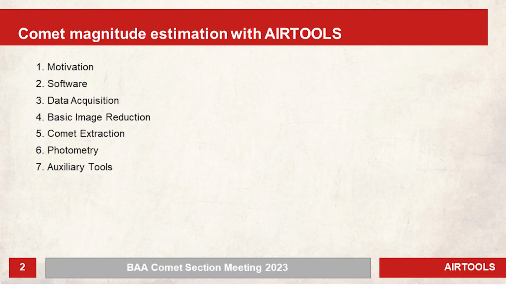I'll talk about the motivation and starting my software project, give a few details about the software itself, and talk about the data acquisition, because the way the observation is done is the basis for good photometry. I'll talk a little bit about the basic image reductions and will focus mostly on the comet extraction and photometry part.